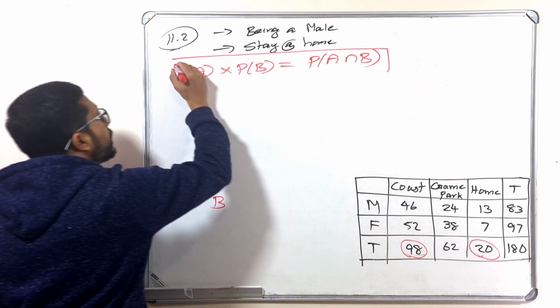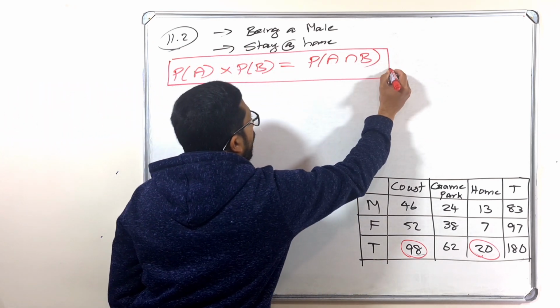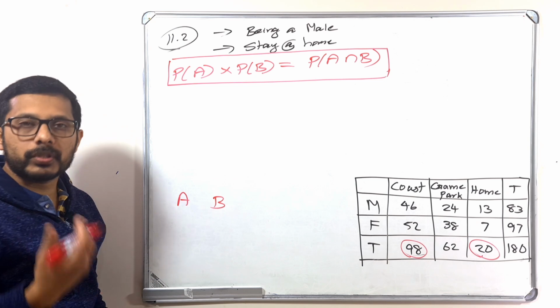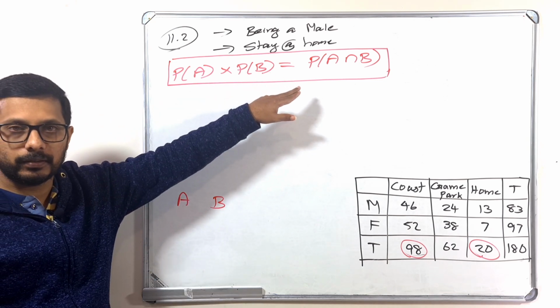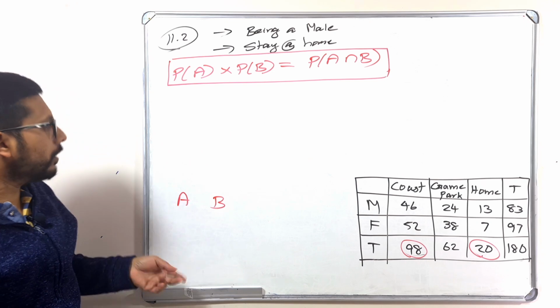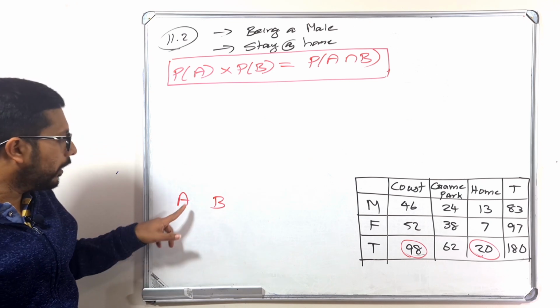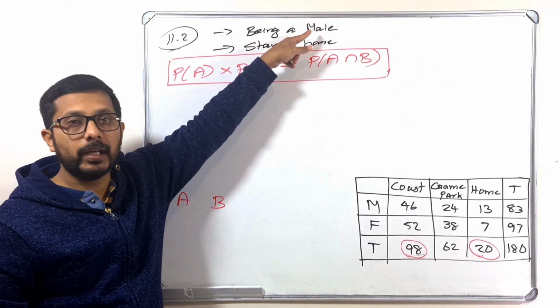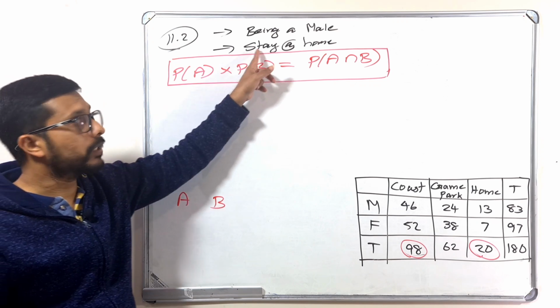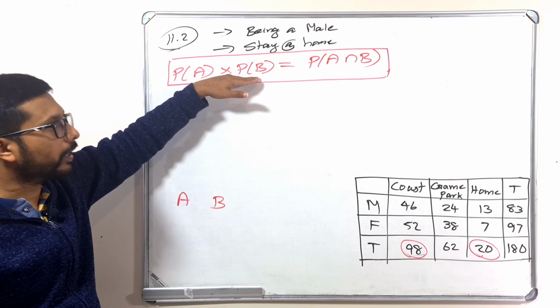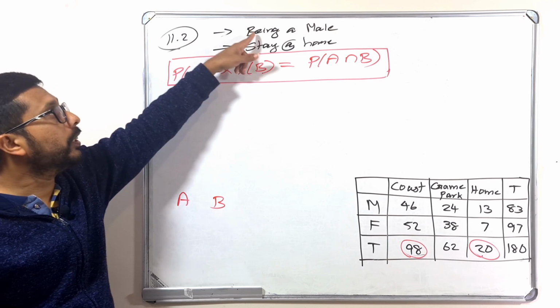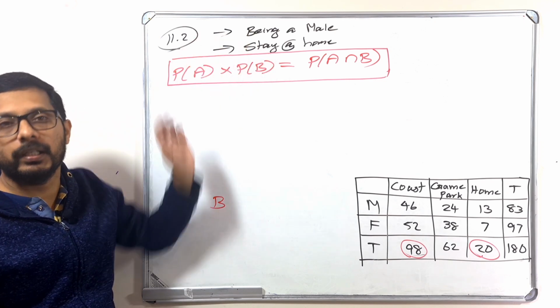If two events A and B are independent, this condition must be satisfied. In this question, A is being a male and B is stay at home. If these conditions are satisfied, then we can say that being a male and stay at home are independent.